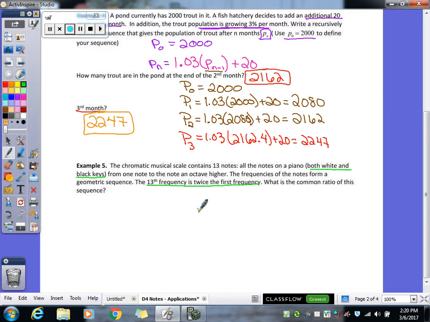So a lot of different things here. If you're not familiar with a piano, it's telling you you've got 13 notes between your white keys and your black keys before you hit the next octave. So that's meaning going from a C to another C, because on the piano those letters are all repeated.